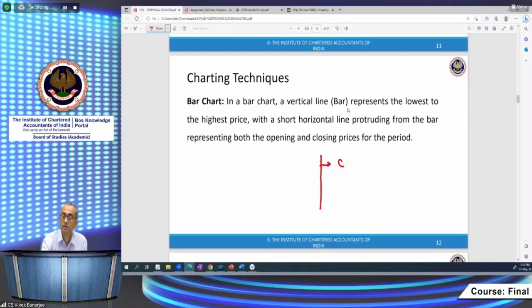This is the closing price. This is the opening price. It is the highest price, and it is the lowest price.